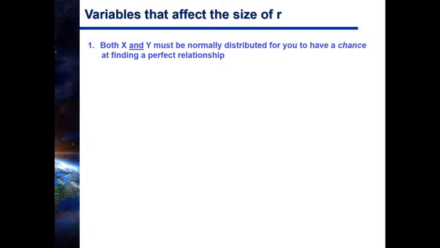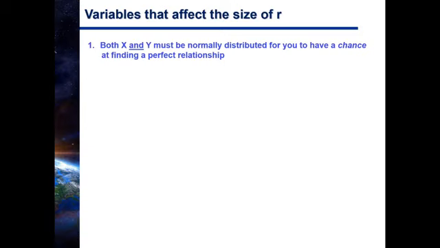What happens is you no longer have any chance of finding a perfect relationship. So it's impossible to find an R value that will equal -1 or 1 if one or both of your variables are not normally distributed.